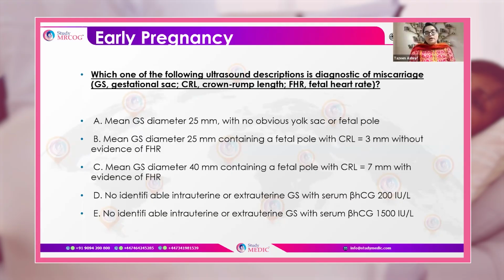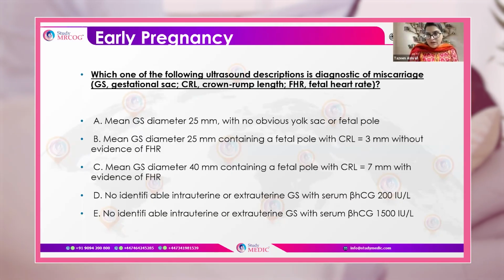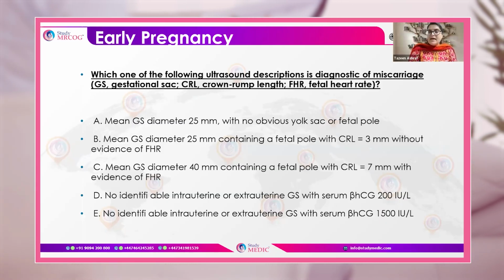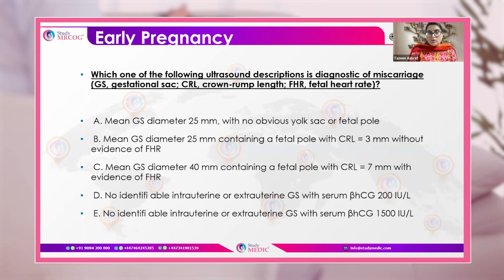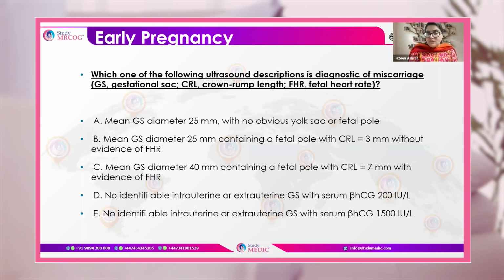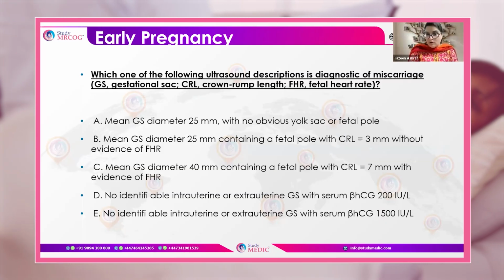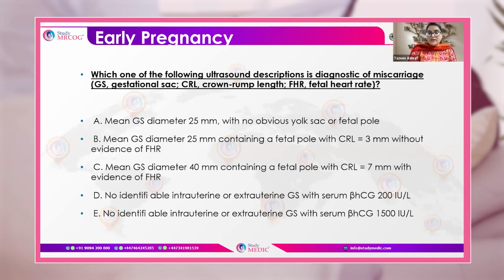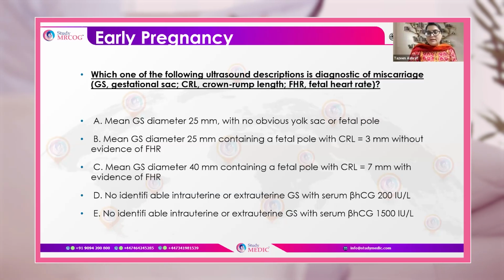So here there is one exam-tested question: which one of the following ultrasound descriptions is diagnostic of miscarriage: gestational sac, crown rump length, fetal heart rate. Option A says mean gestational sac diameter 25 mm with no obvious yolk sac. All right, so this seems right. Mean gestational sac diameter 25 mm containing fetal pole and CRL 3 mm.